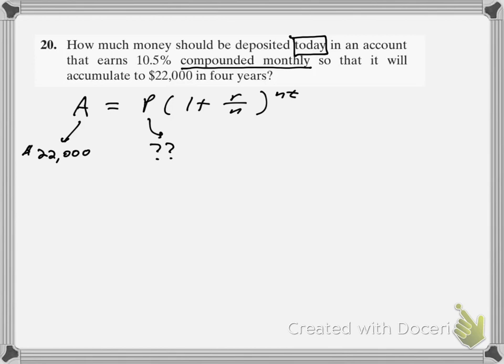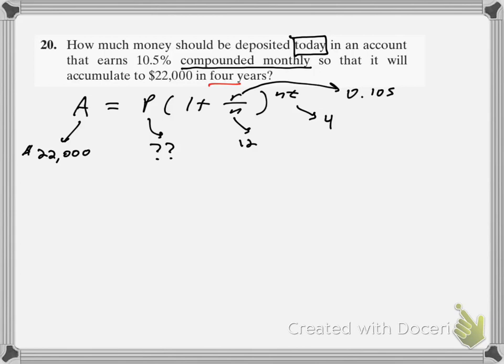I know my interest rate over here is 0.105, changing that to decimal. I know my N is compounded monthly, so that's 12. And I know my time is 4 years, it says right here. So I've got all the variables except for the P, so this problem shouldn't be terrible. So let's put them in.